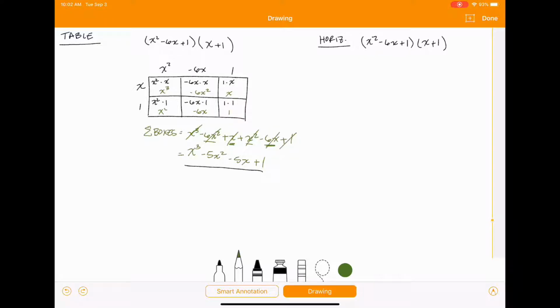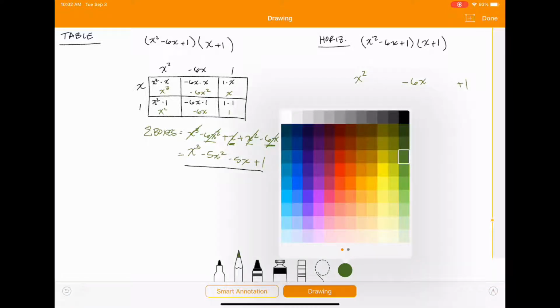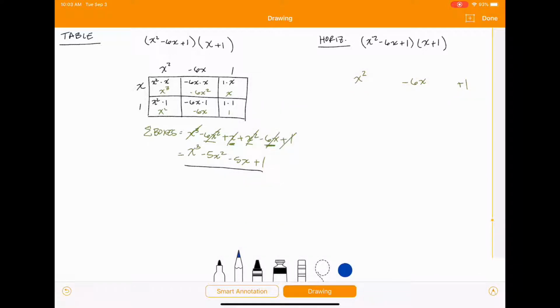So we're going to have x squared minus 6x plus 1, and then we're going to put in the second part, times x plus 1, times x plus 1, times x plus 1.